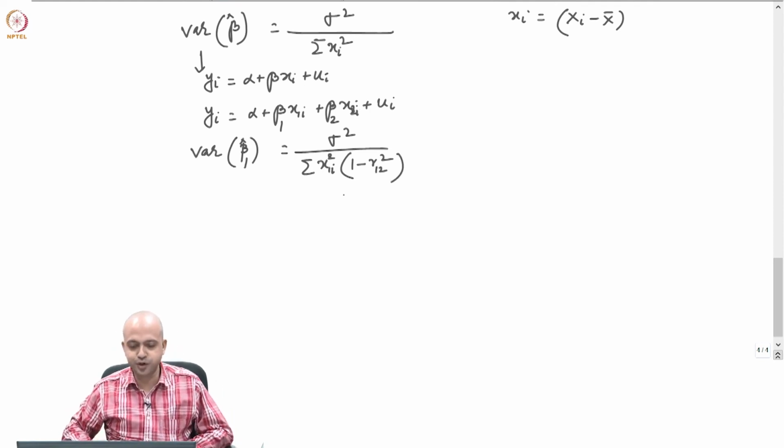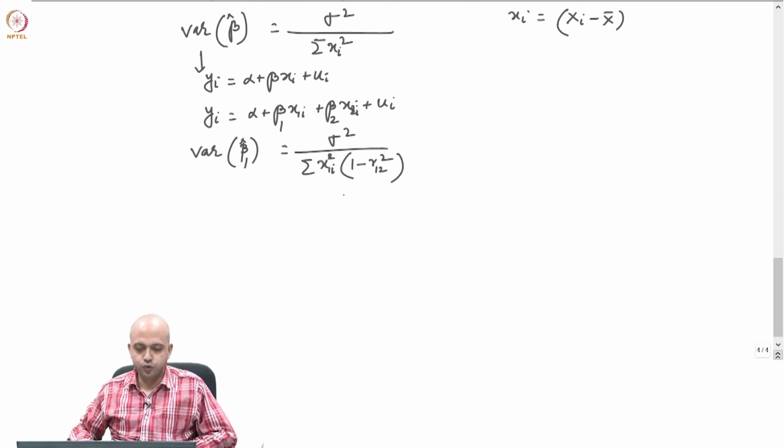You have now two explanatory variables. Okay. So, that means the change will happen like you will have x1i square into 1 minus r square 12, okay, 1 minus r square 12.